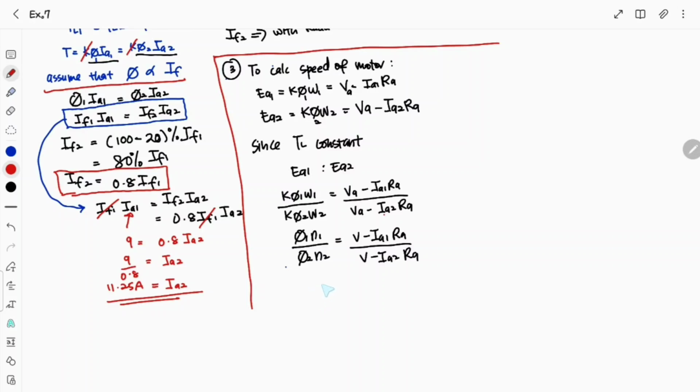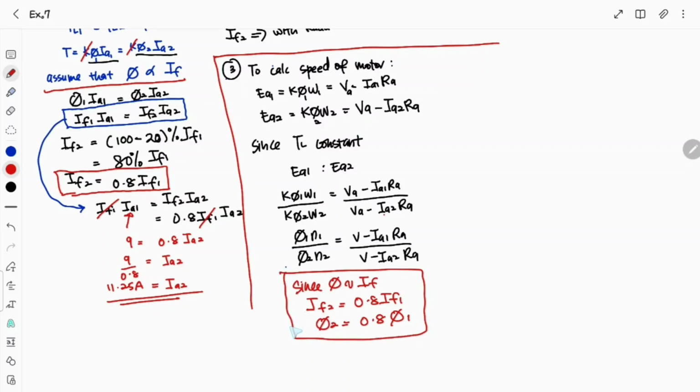We can write a note here: since flux is proportional to IF, we can see from here that IF2 equals 0.8 IF1. Since this equation uses the flux terms, we can replace directly, so flux 2 equals 0.8 flux 1.